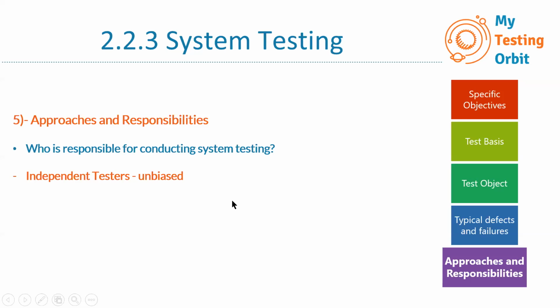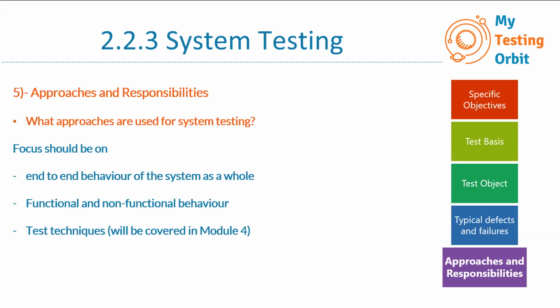Over here, system testing is done by independent testers because they are unbiased. This is something we covered earlier, that independent testers are not biased, and that's why they are the best people to perform system testing, so that they can see it from a user perspective and come up with whatever defects a system can have.